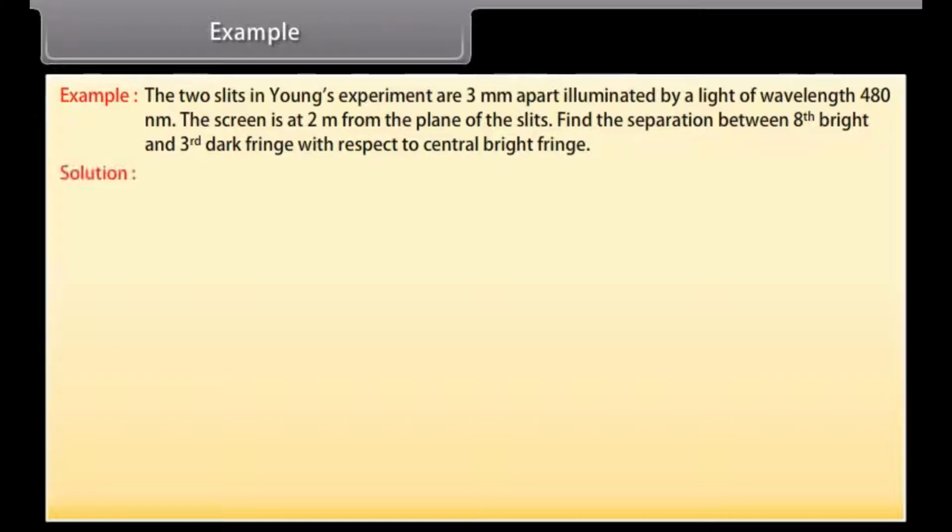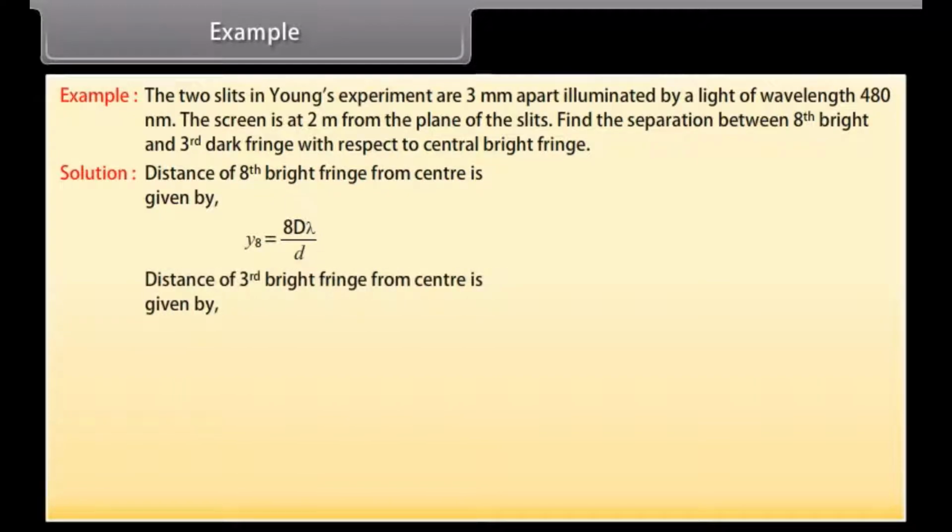Let's see the solution. Distance of 8th bright fringe from center is given by 8 capital D lambda upon small d. Distance of 3rd dark fringe from center is given by 5 capital D lambda upon 2 small d. We have y is equal to y8 minus y3.